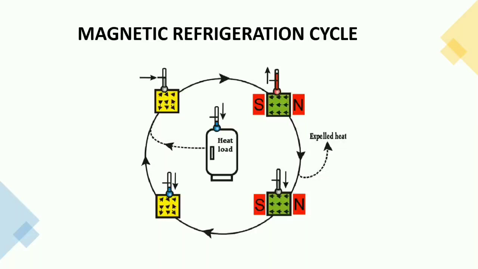For these reasons, recent research in magnetic refrigeration is conducted on superparamagnetic materials and on rare earth compounds. Based on environmental concerns and energy savings, the temperature used in refrigeration is in the range of 250 to 290 Kelvin.